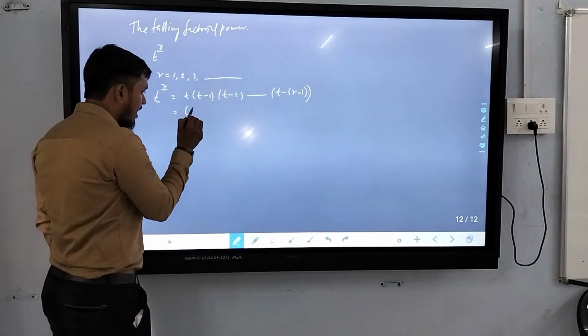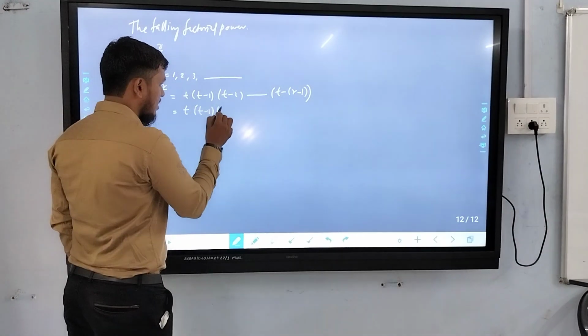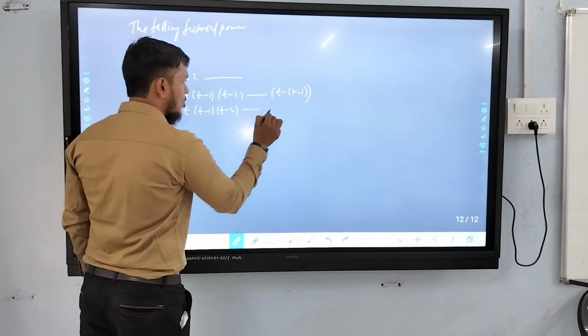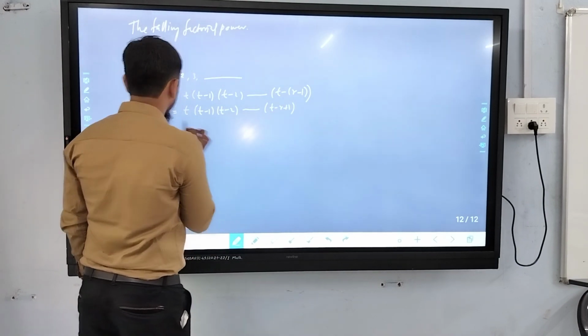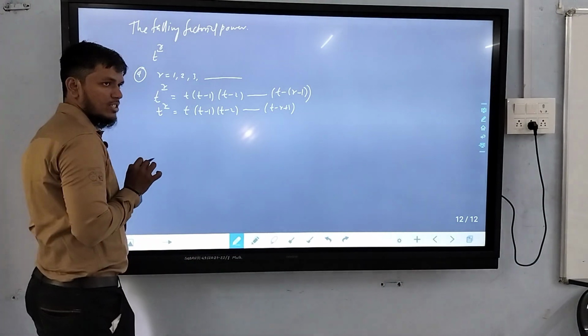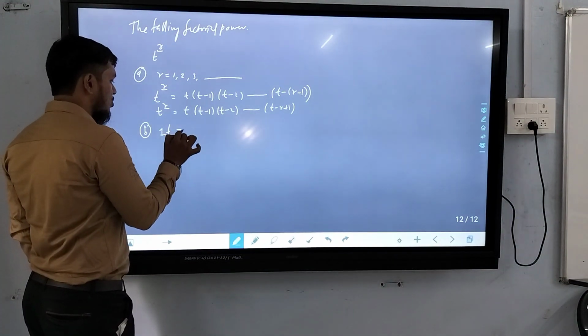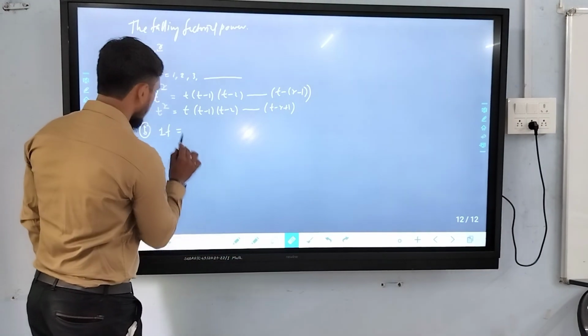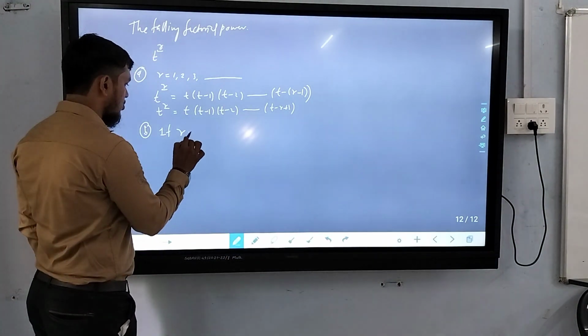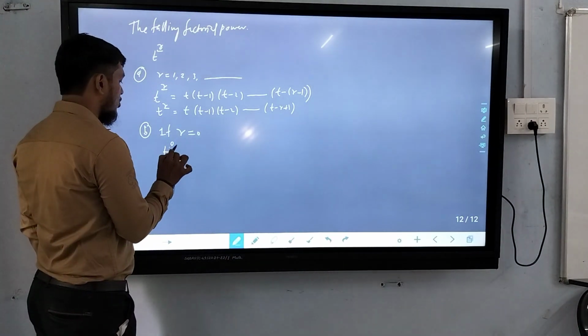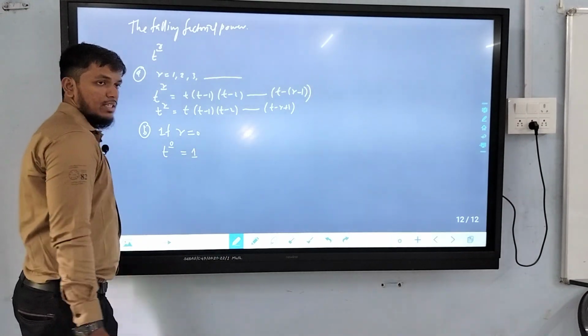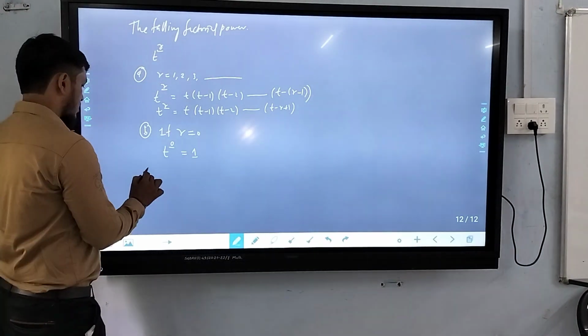You can write it as t minus 1, t minus 2 and so on, t minus r plus 1. This is t to the r falling. If this r is 0, then t to the 0 falling is equal to 1.